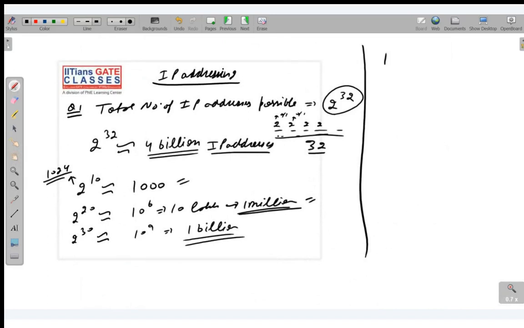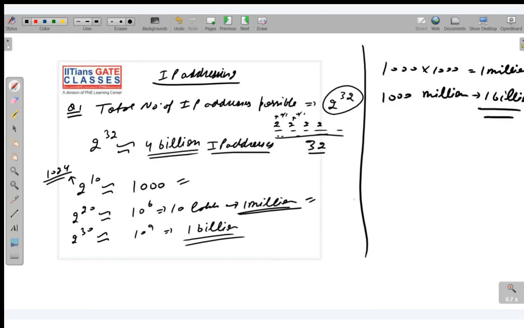So 1000 into 1000, you will get 1 million, and 1000 million makes a billion. Like this you can remember. You can take the snapshot. I will jump to the next slide.